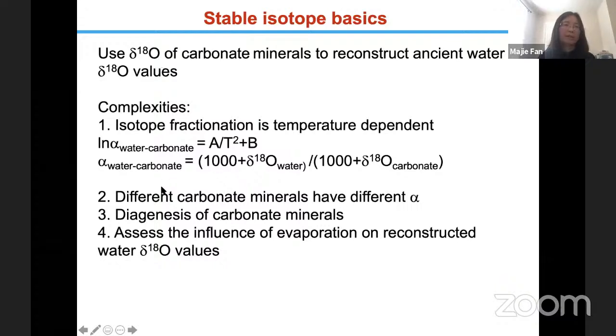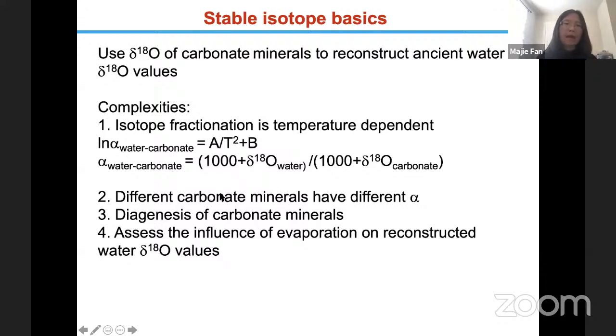There are several complexities of this process. One is that the isotope fractionation of oxygen isotope is temperature dependent. So we have to estimate the temperature or independently constrain the temperature in order to interpret the delta 18O value of ancient water from the delta 18O value of the carbonate.